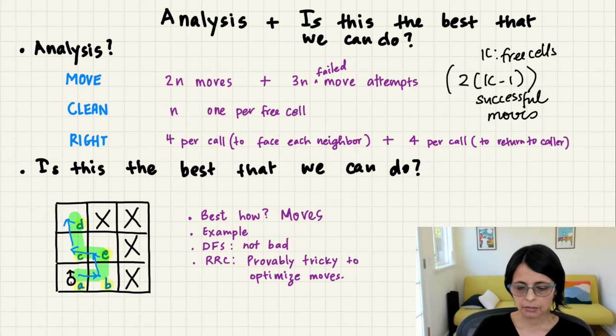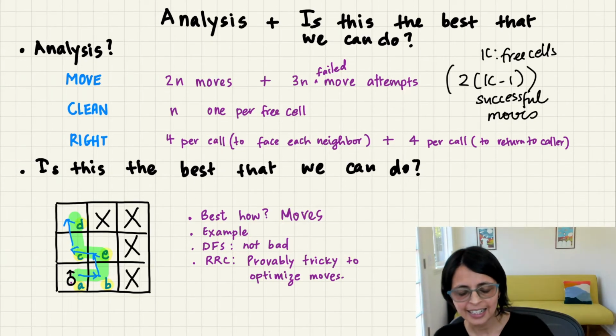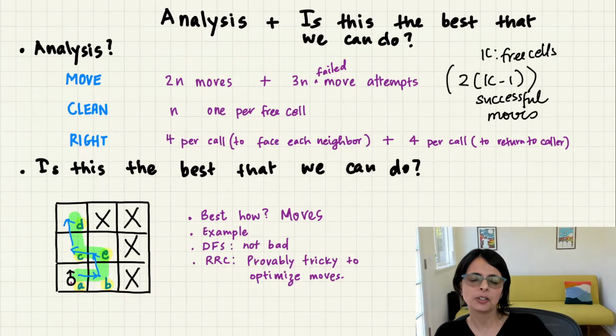Another thing, we don't want to go too deep into this rabbit hole. It's a fun one though. I spent a few days there. Is that this problem, the robot room cleaner problem, it is a provably tricky problem if you want to optimize the moves, otherwise known as NP complete problem.